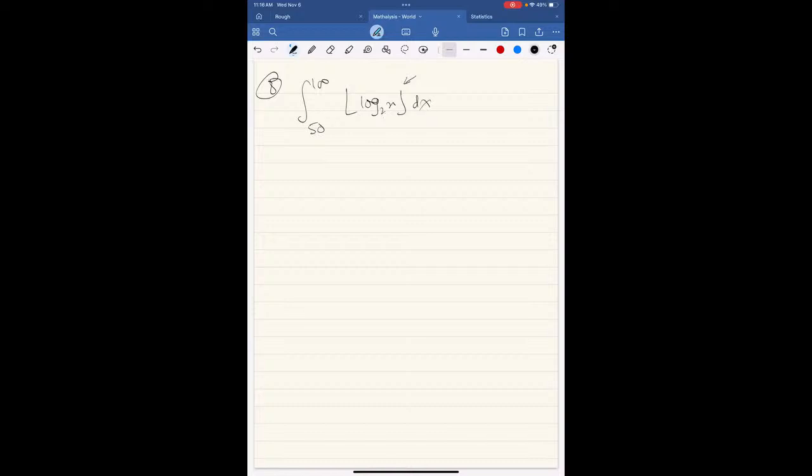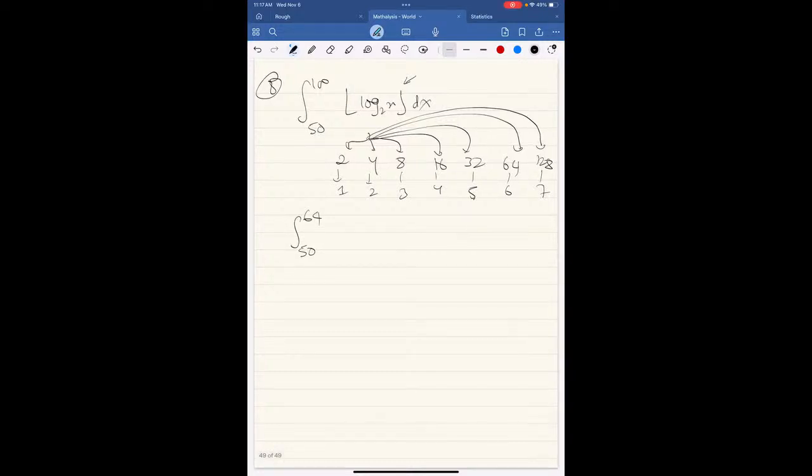Now we know that, let's first analyze the powers of 2: 2, 4, 8, 16, 32, 64, 128, right? Between 50 and 64, the g of log 2 will give us 5, because 2 to the power 5 is 32, and if it's less than 64, the log will be 5 point something.